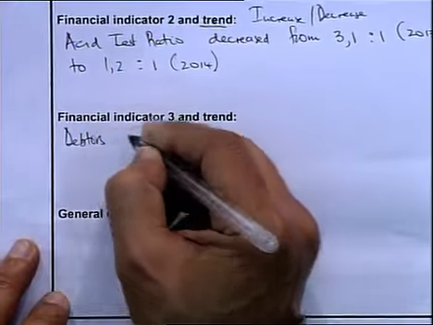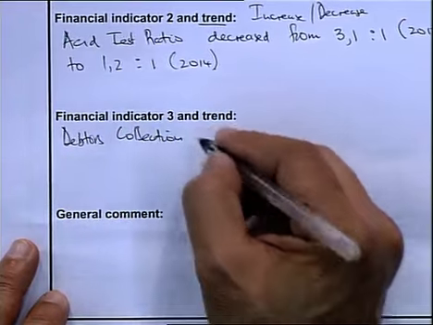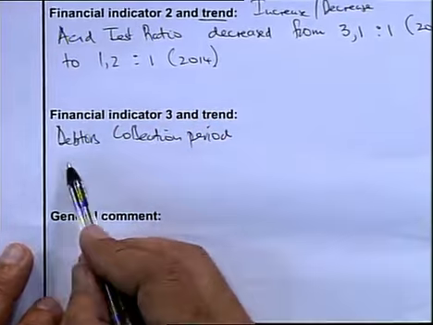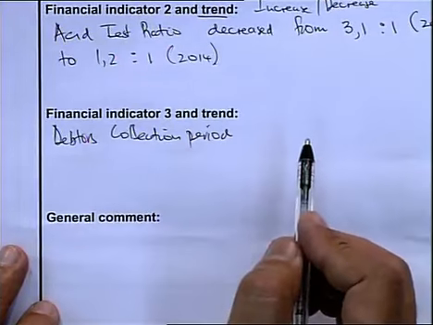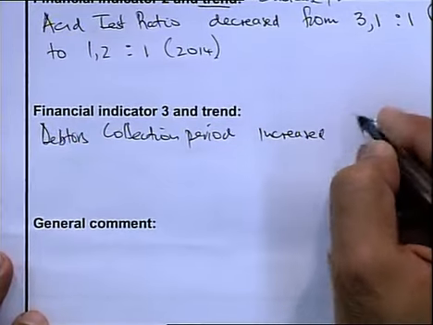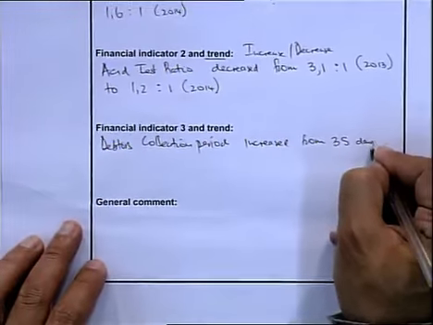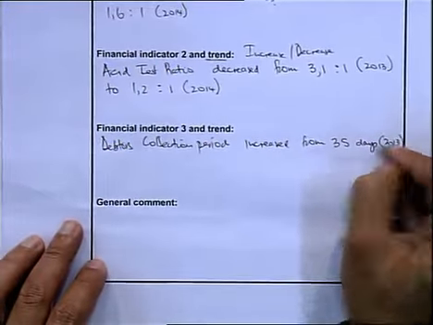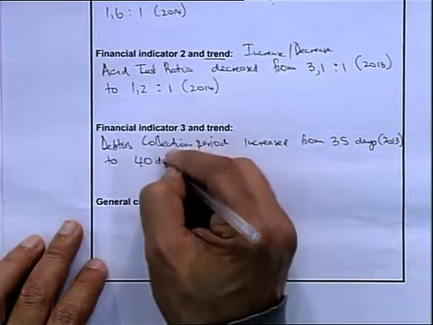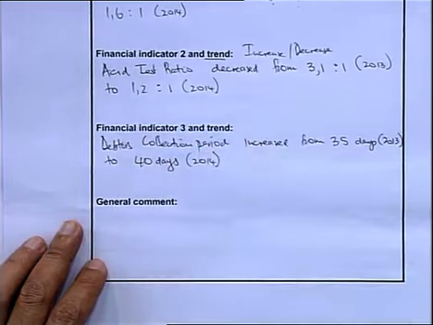Say debtors collection period, meaning the number of days that the debtors take to settle the debts, right, increased from 35 days in 2013 to 40 days in 2014.